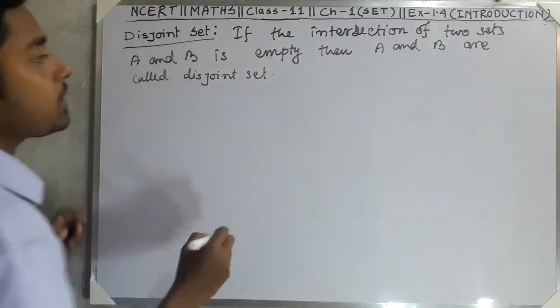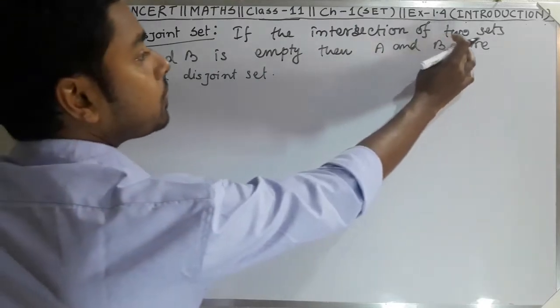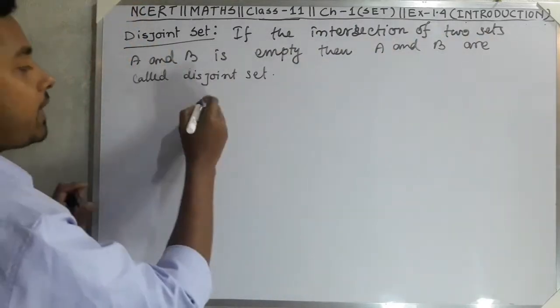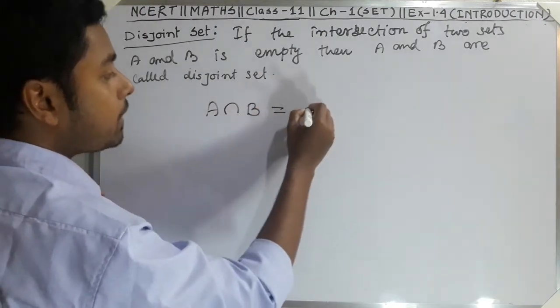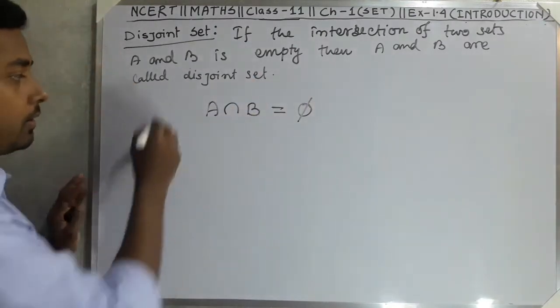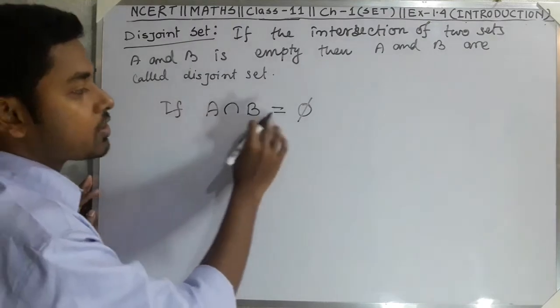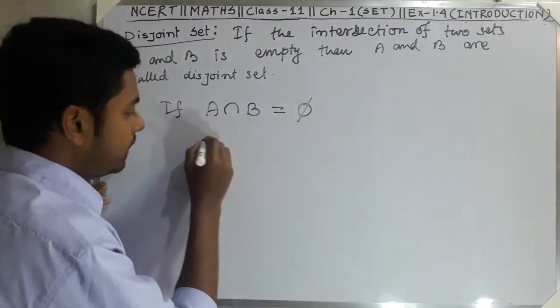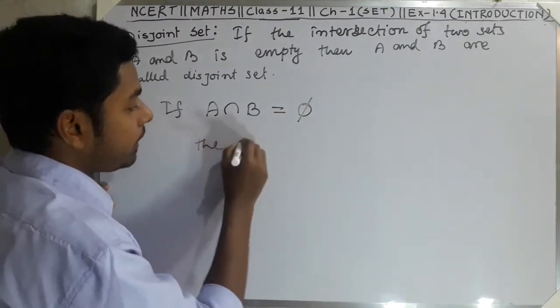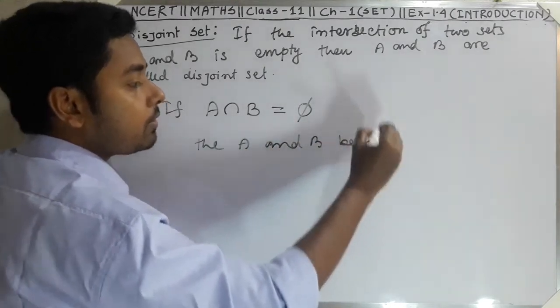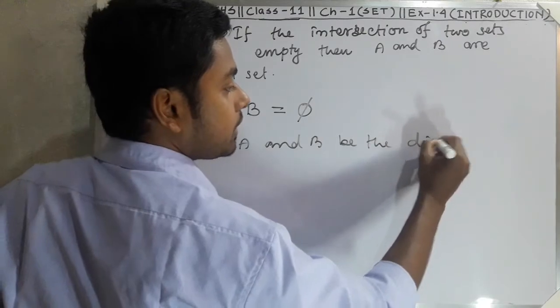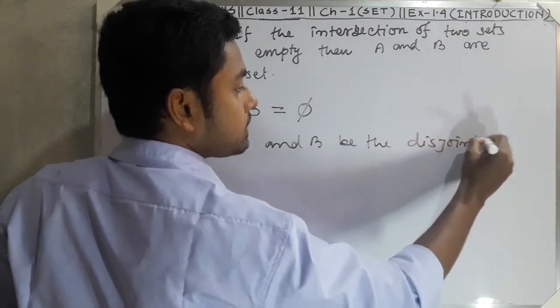What is a disjoint set? If the intersection of two sets A and B is empty, that means A intersection B is equal to phi, then we can tell that A and B are disjoint sets.